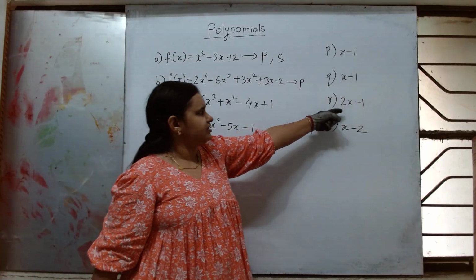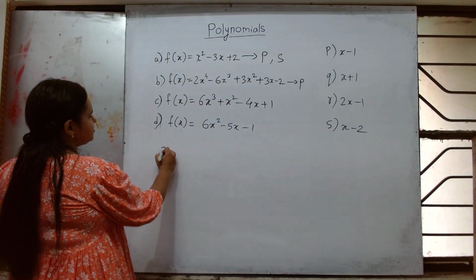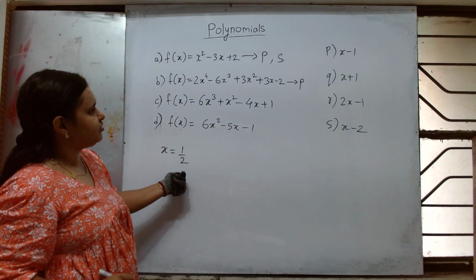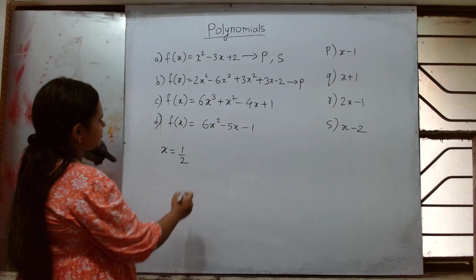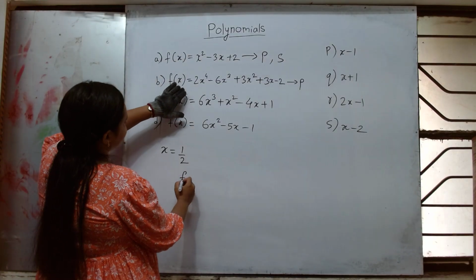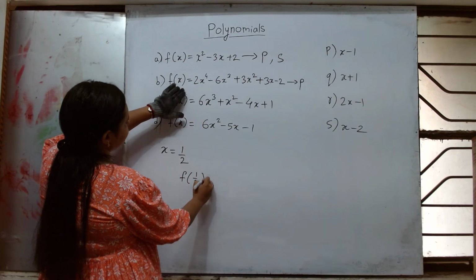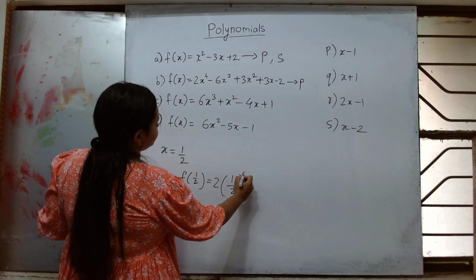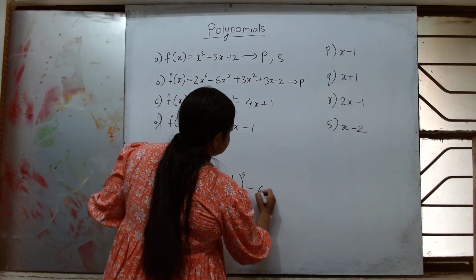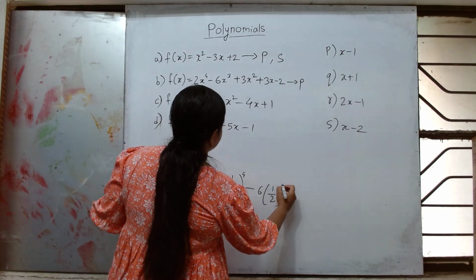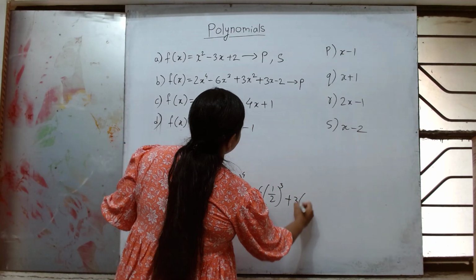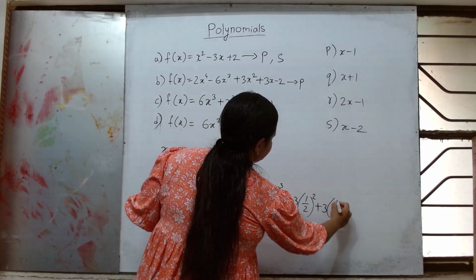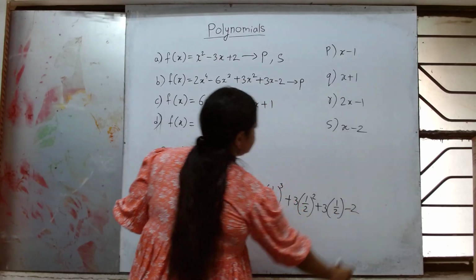Now for 2x minus 1, just like that, x was 1 by 2. As in the previous question, we have taken x equal to 1 by 2. Therefore put the value 1 by 2 in this polynomial. f of 1 by 2 will be 2 into 1 by 2 to the power 4, minus 6 into 1 by 2 cube, plus 3 into 1 by 2 square, plus 3 into 1 by 2, minus 2.